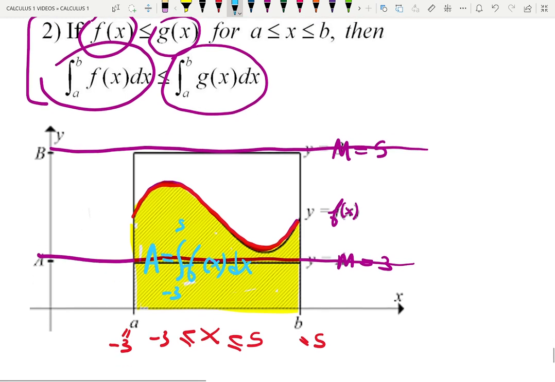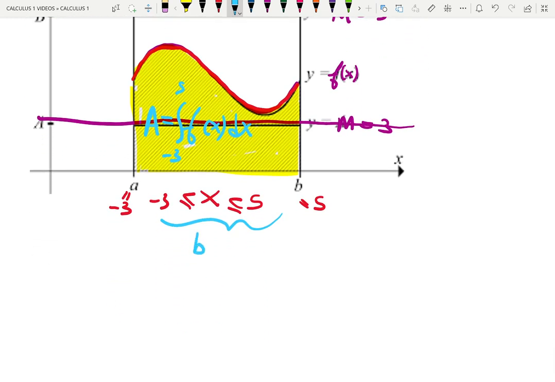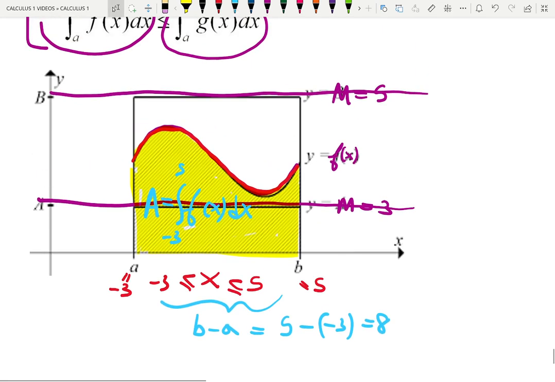And a rectangle has width and height. The width is, guess what? b minus a, right, which is 5 minus minus 3, which is 8.